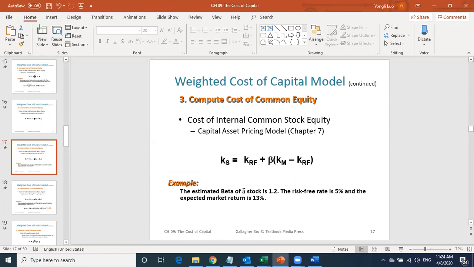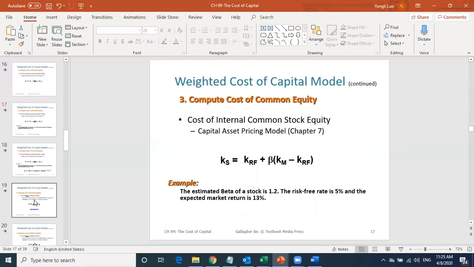Sometimes they don't give you the dividend growth rate, they give you a market return, so you know you're going to use the capital asset pricing model. But if they don't give the risk-free rate and give you the dividend growth rate, you're going to use the dividend growth model.